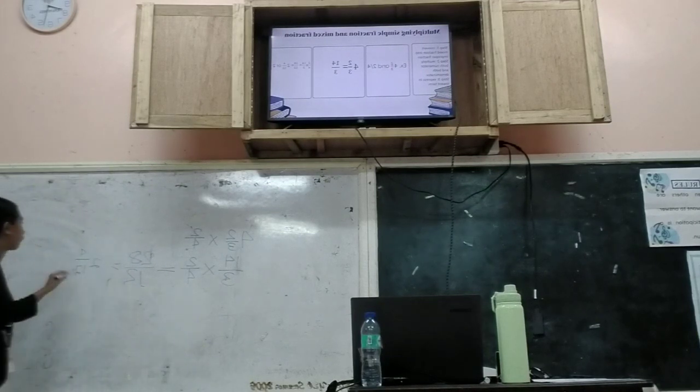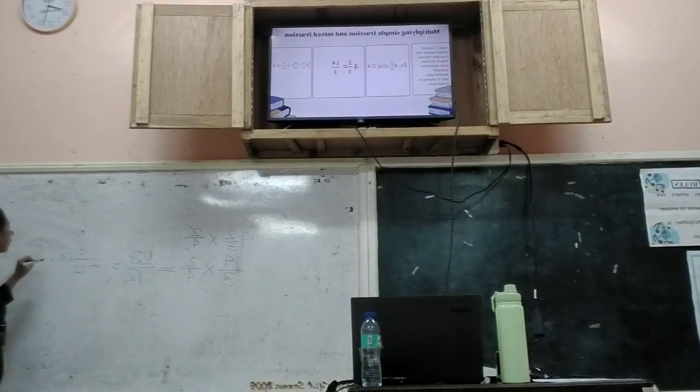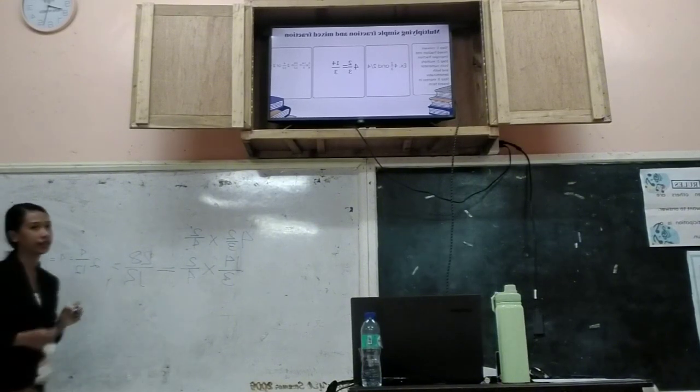The 4 over 12 is divisible by 4, so we have to divide it by 4. So the answer is 2 and 1/3.